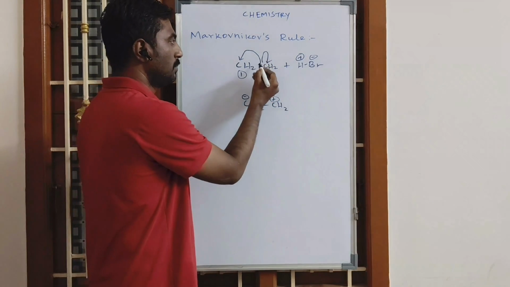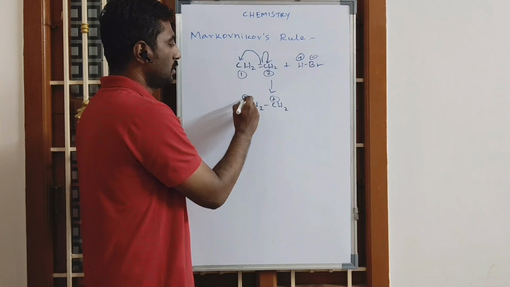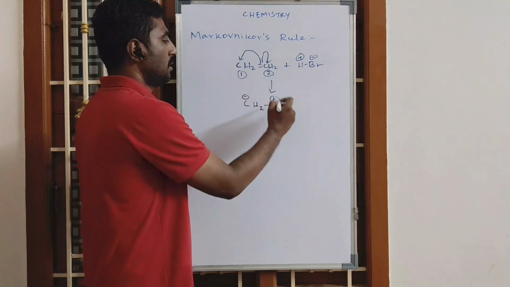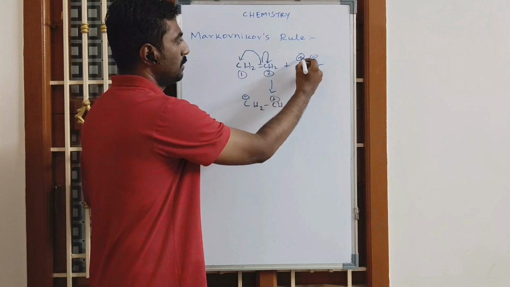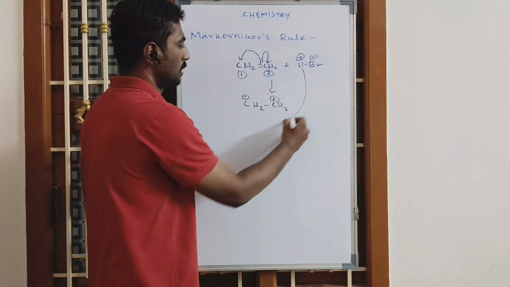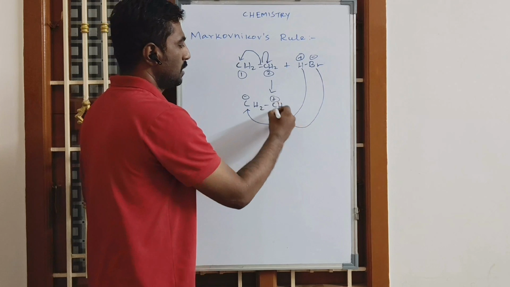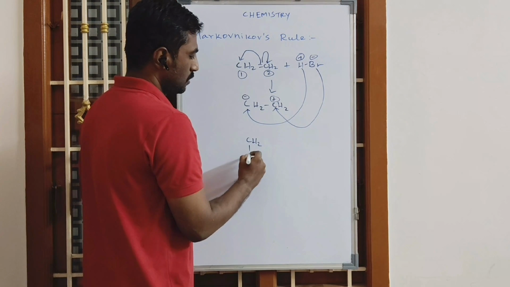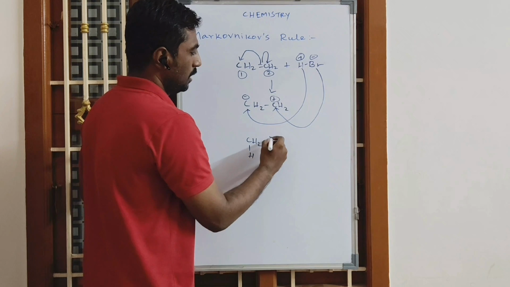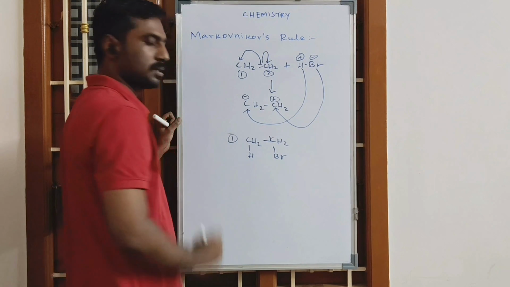When the pi electron moves to number 1 carbon, it will attain a negative charge, then this carbon will have a positive charge. Then H+ will automatically go to the carbon minus, and Br- will go to CH2+, so that we get CH2 with H attached here, and CH2 with Br attached here. This is number 1 possibility.